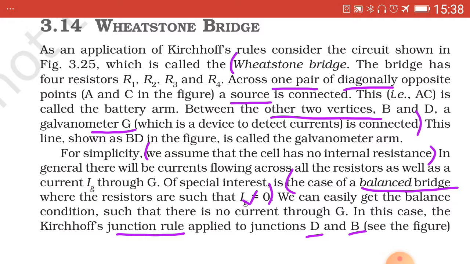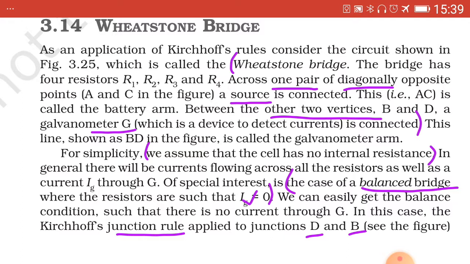We assume that the cell has no internal resistance. In the case of a balanced bridge, the current flowing through the galvanometer Ig equals 0, which has been tick marked. Now we apply Kirchhoff's junction rule at junctions D and B respectively.